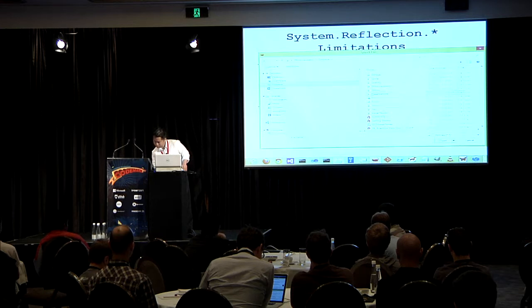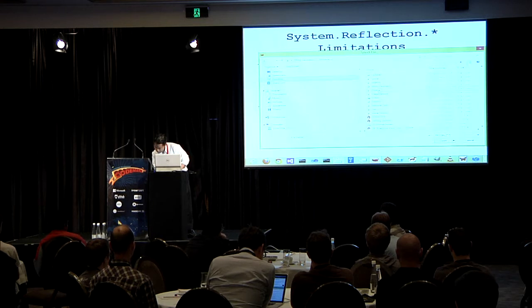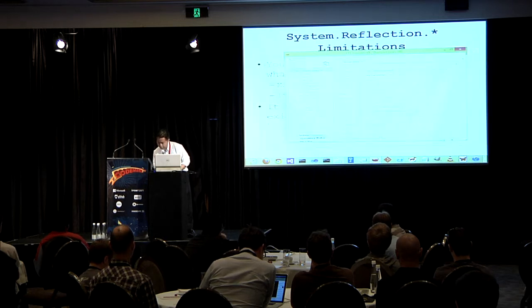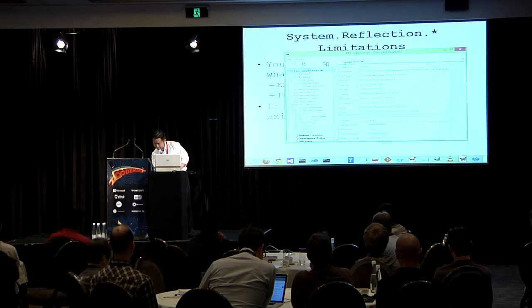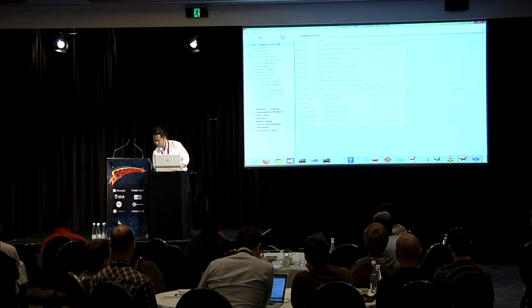For example, if I look at this, this is actually a simple sample library, which is nothing but a Hello World app. Now, the first thing that I mentioned was the fact that in the CLR, you're actually working with metadata tables.